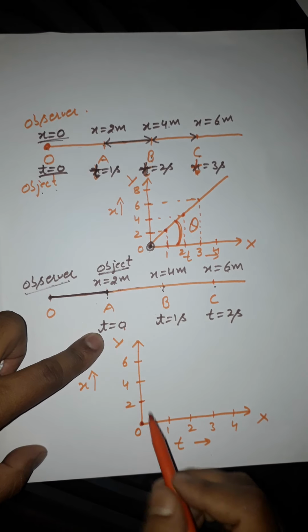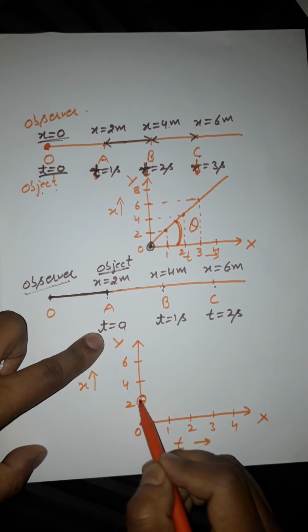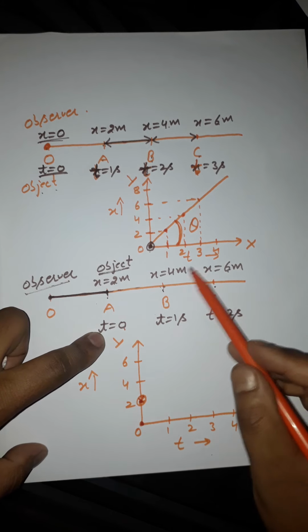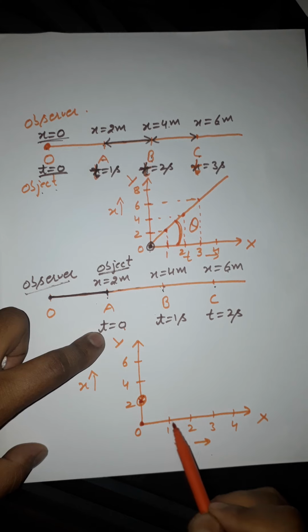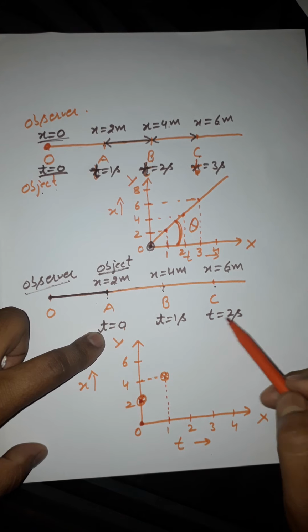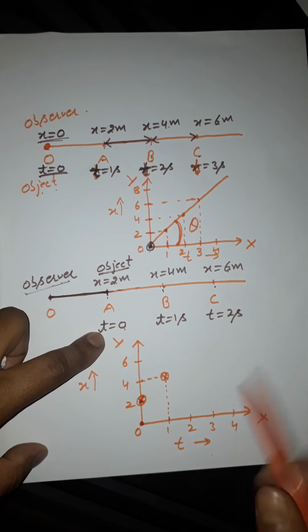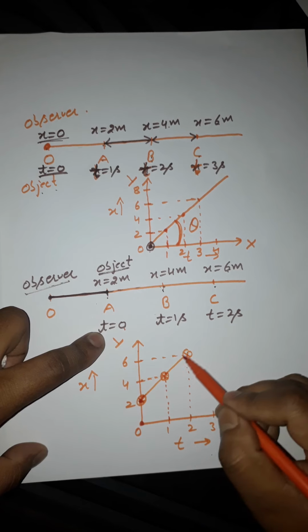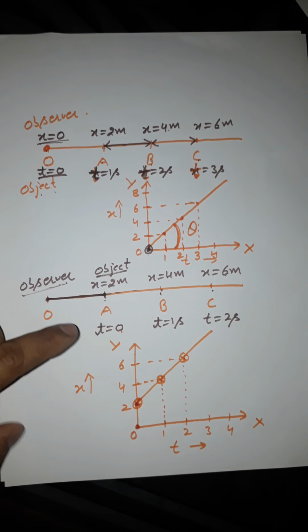So when time is 0, the object is at 2 meter, so the point is marked here. When time is 1 second, distance is 4 meter. So 1 second and 4 meter, the point is marked here. Now when time is 2 second, distance is 6 meter. So when we join these points, we will again obtain a straight line.